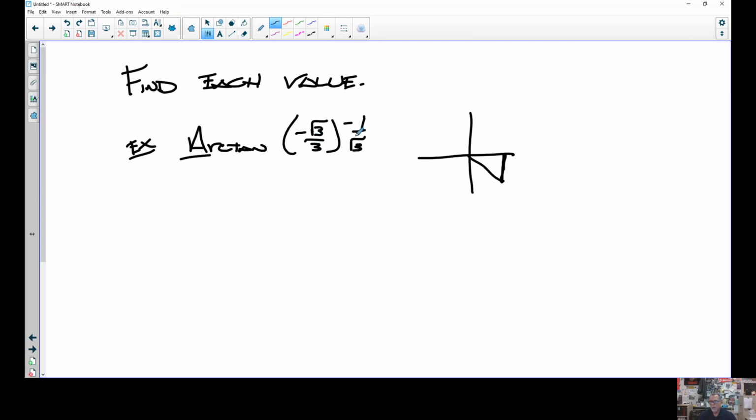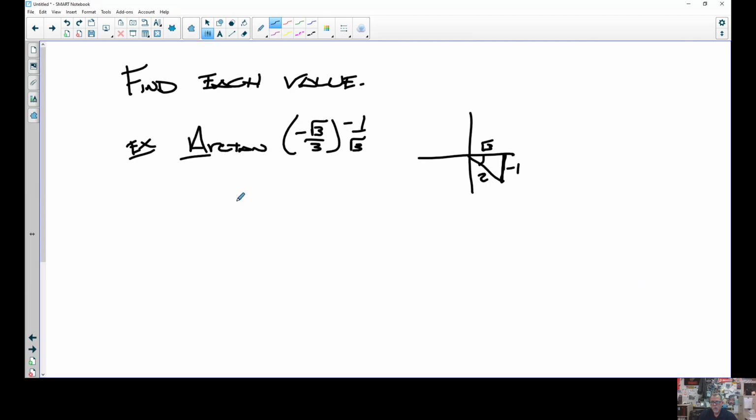So when we do opposite over adjacent, that's what tangent is, sine over cosine. So opposite over adjacent, this is our reference angle. Opposite is -1, adjacent is √3, and this would be our 2. So this reference angle is pi over 6. Agreed? So that's going to be a negative pi over 6.